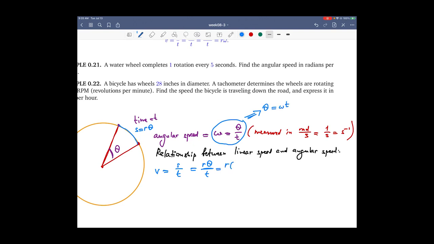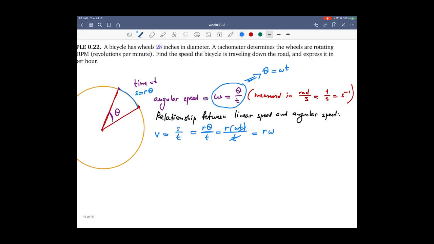So I replace theta by omega times t. Now the t's cancel, and we get r times omega. And that is the relationship between the two types of speed. Linear speed is radius times angular speed.